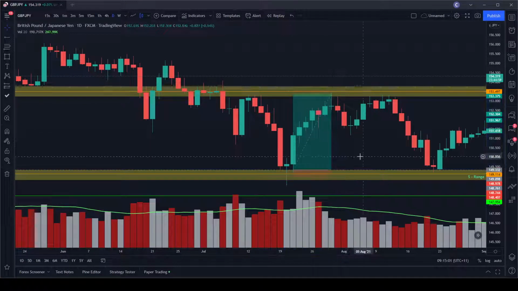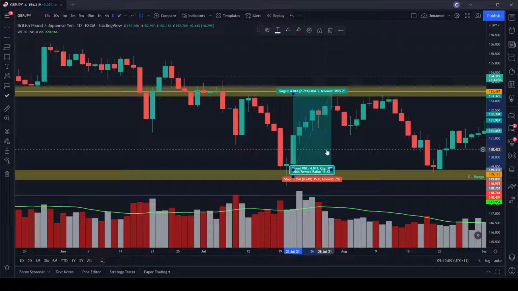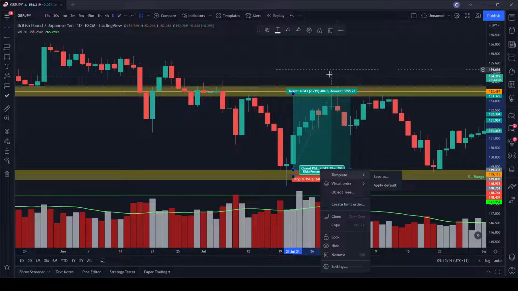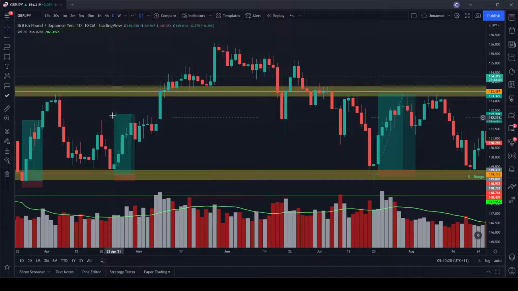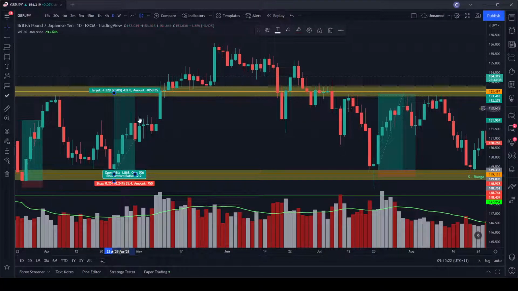So you've got a risk to reward of 11.42 for that, which is 404 pips, so it's about 4,000 there. So you're trading it up to resistance here.